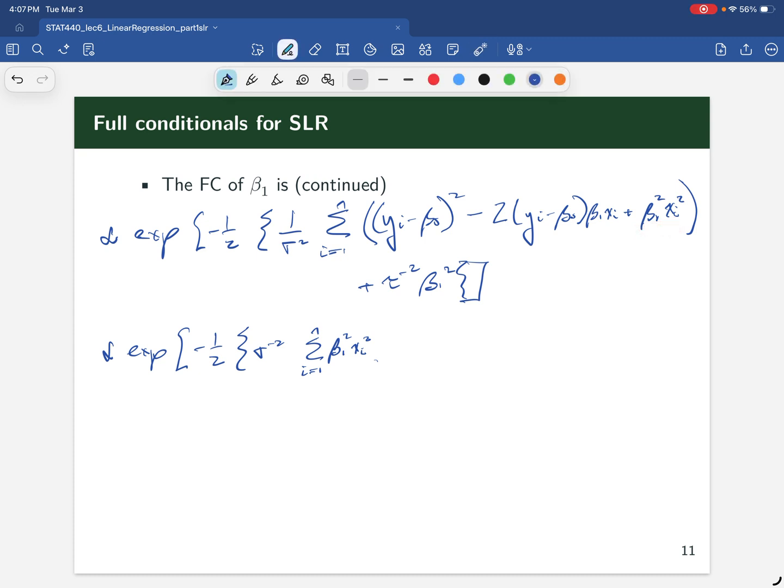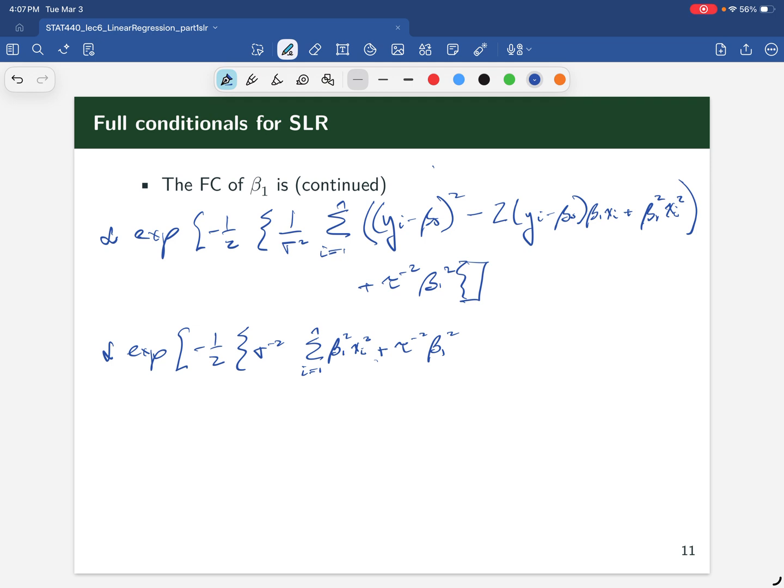And then I'm going to add on my tau to the negative 2 beta 1 squared. The sum is not getting applied to that piece. But what we have now is a term with our beta 1 squareds in it.